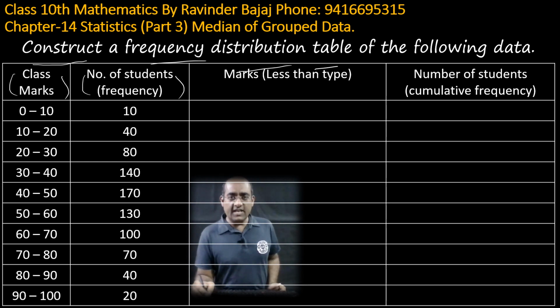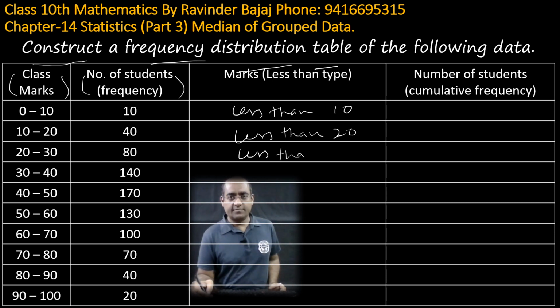Now in this one, less than type, so I'll say less than 10, less than 20, less than 30. In this way, I'll write all these things. This column is found. Now, number of students means cumulative frequency we have to find. To find cumulative frequency, less than 10 is 10. Less than 20 is 10 plus 40, that is 50.